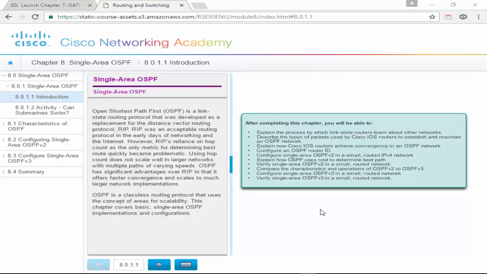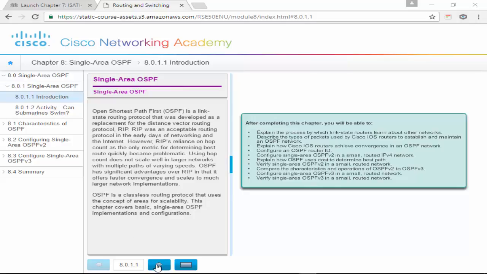So what we're going to do here, we're going to explain the process by which link state routers learn about their networks, describe the types of packets used by Cisco IOS routers to establish and maintain an OSPF network, explain how Cisco IOS routers achieve convergence in an OSPF network, configure an OSPF router ID, configure single area OSPF version 2 in a small routed IP version 4 network, explain how OSPF uses cost to determine best path, verify a single area OSPF version 2 in a small routed network, compare the characteristics and operations of OSPF version 2 to OSPF version 3, configure single area OSPF version 3 in a small routed network, verify a single area OSPF version 3 in a small routed network.